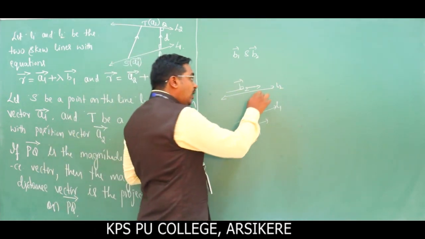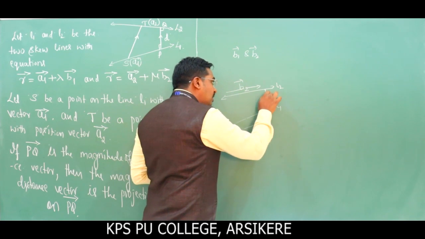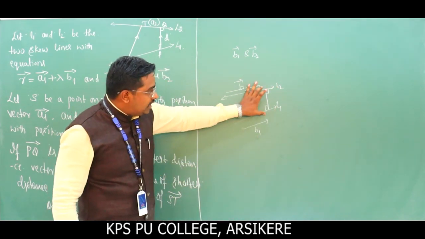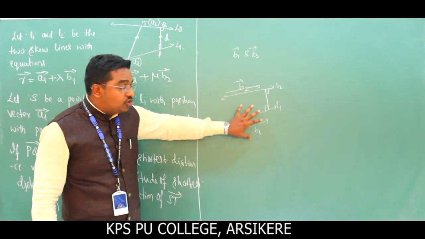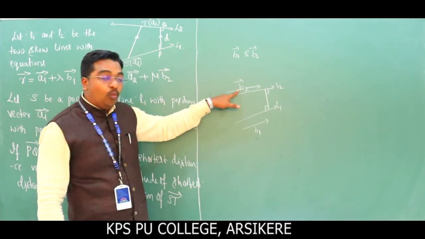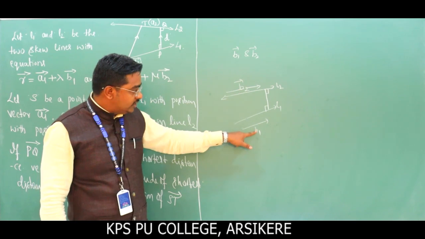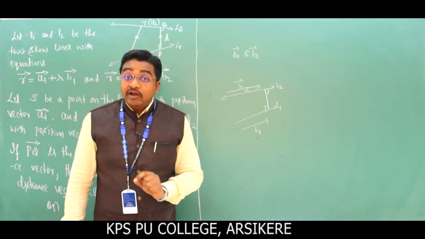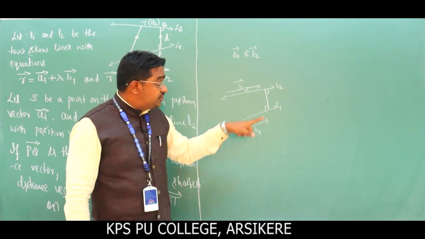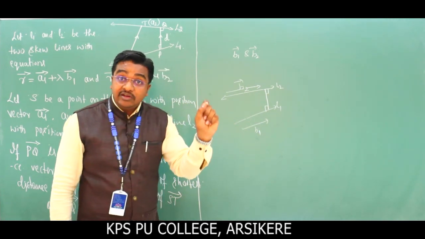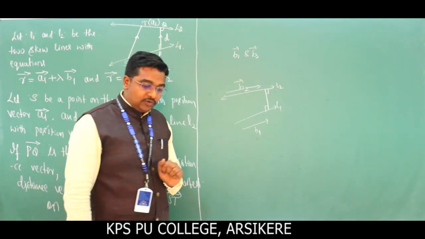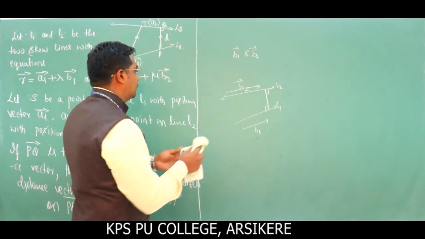But PQ is perpendicular to both L1 and L2. So obviously the vector PQ is perpendicular to both vector B1 and vector B2. Then the unit vector in the direction of PQ is B1 cross B2 divided by the magnitude of B1 cross B2. Okay, next we have that one.